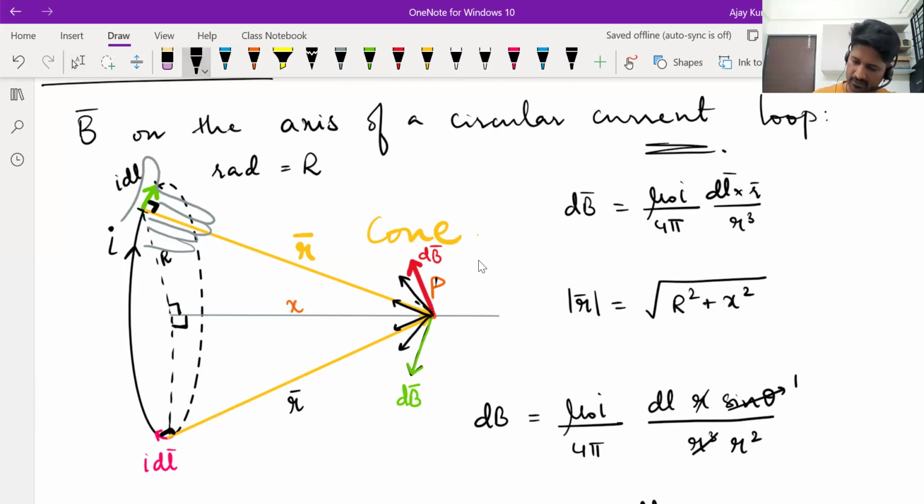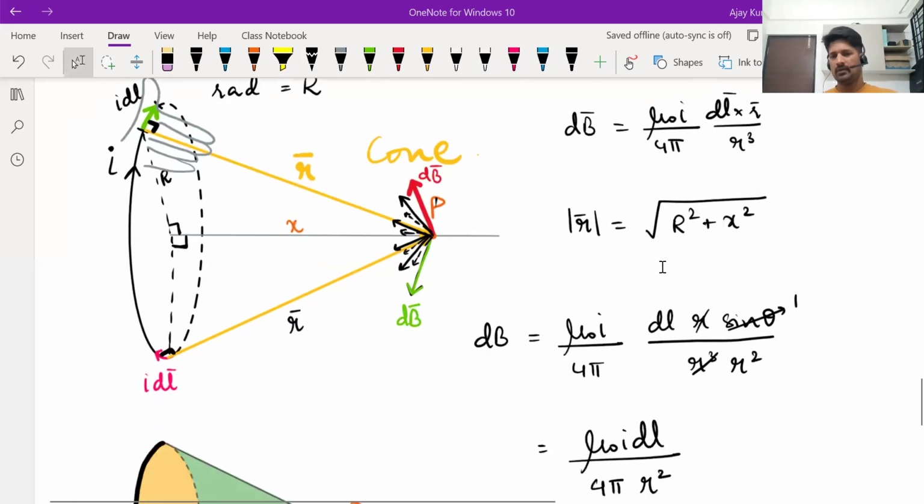There will be some fields like this. So you'll get an infinite number of dB vectors like that. Is this point clear to all of you, that magnetic field visualization? If you have any questions, you can ask.